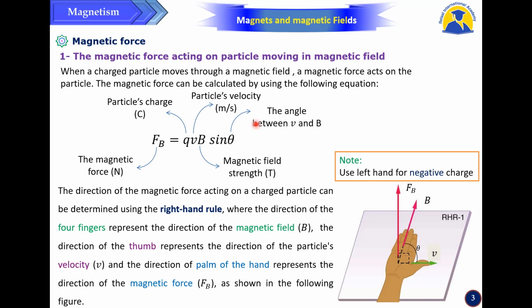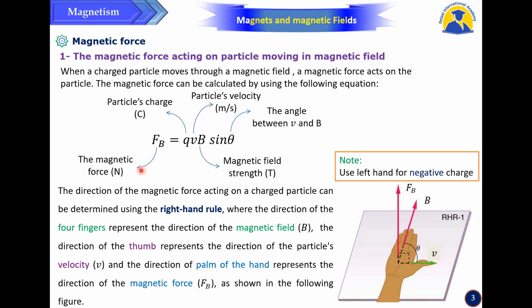Now, magnetic force. When we have charged particles moving inside a magnetic field, this particle will be affected by a magnetic force. We calculate the magnetic force using this formula: F_B equals q v B sine theta.